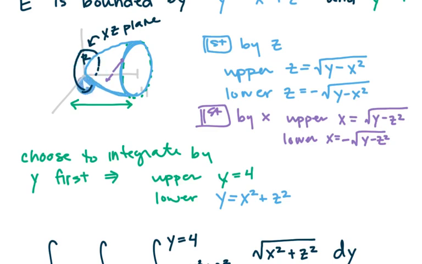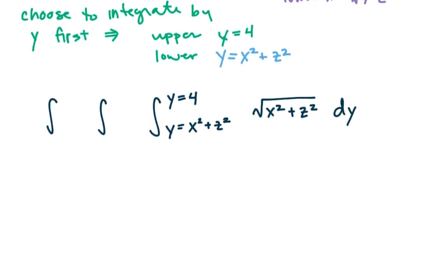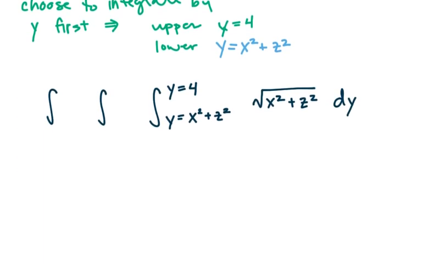And that's a circle of radius 2. We know it's a circle of radius 2 because we were out here at 4, and if I let y equal 4, there's my radius of 2, if I find the intersection of these two surfaces. All right, so thinking about this, we have x and z.